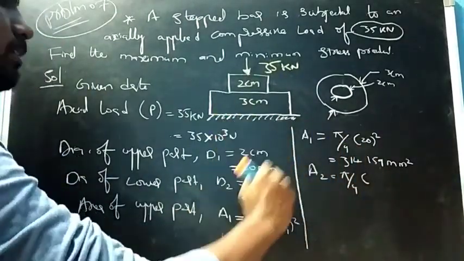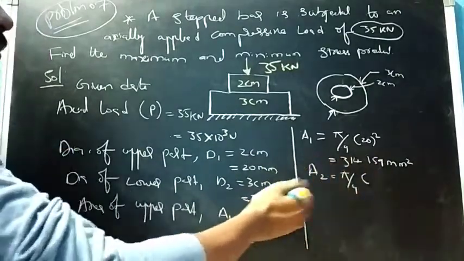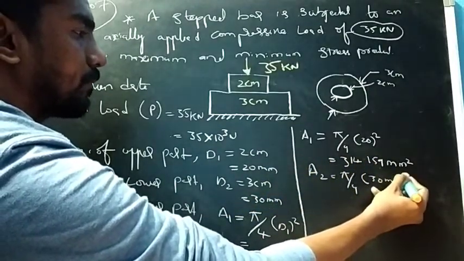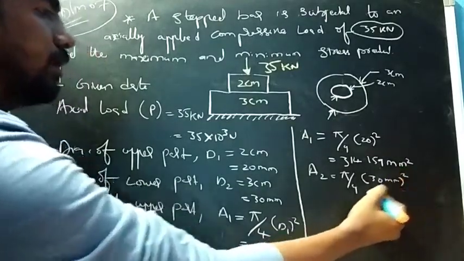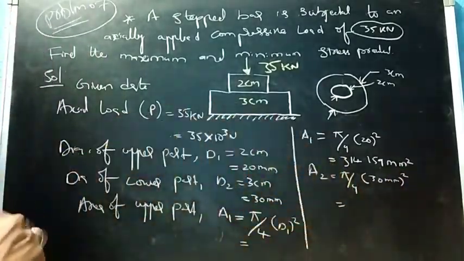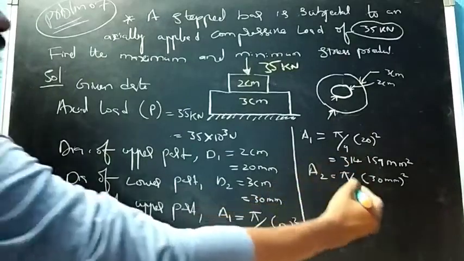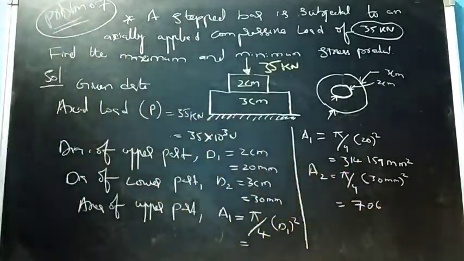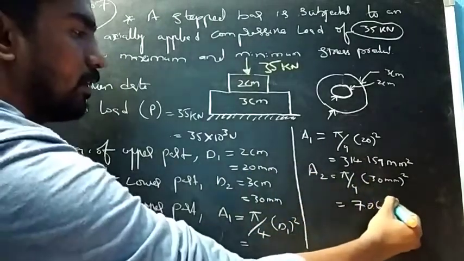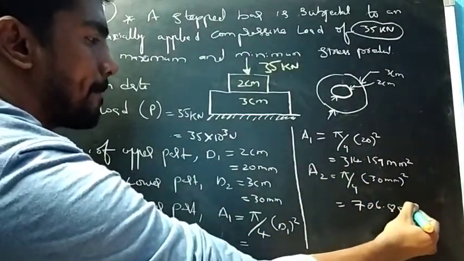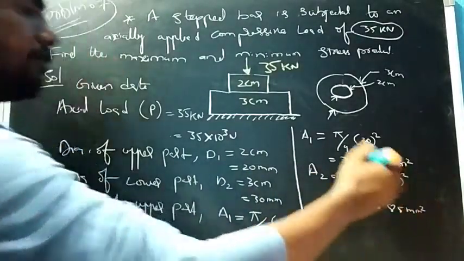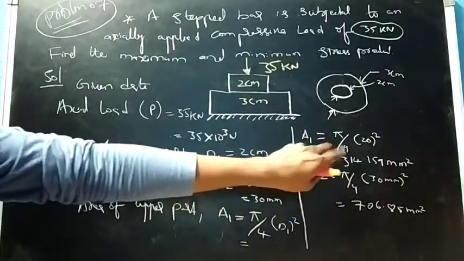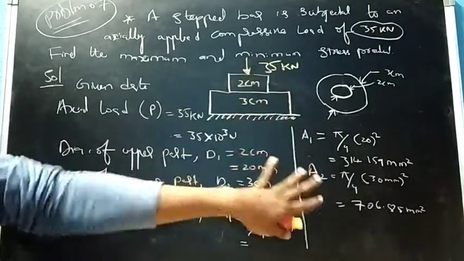What is d here? 30 mm. So 30 mm square, putting this value in the calculator, we get the answer, that is 706.85. If I am wrong, please correct me. Right? So now we have found out the area of the upper section and the lower section.